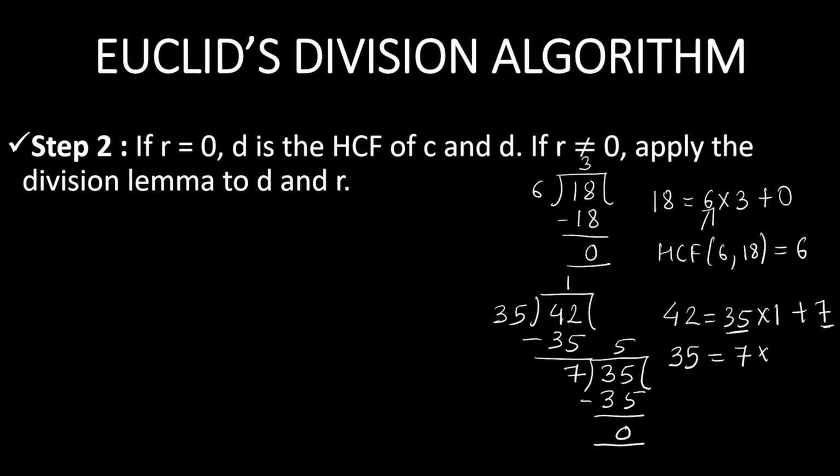We are multiplying 7 with 5. We will get remainder as 0 in this case. So here we will stop our procedure, and at this stage we will consider the divisor, which is 7, as the HCF of 42 and 35. So HCF of 42 and 35 will be equal to the divisor at the last stage, which is 7.